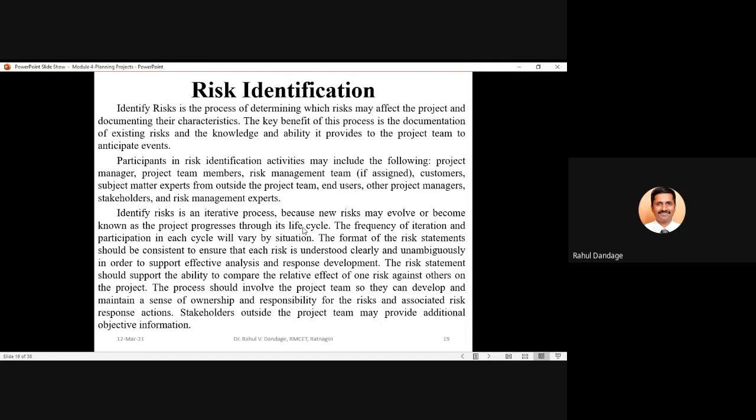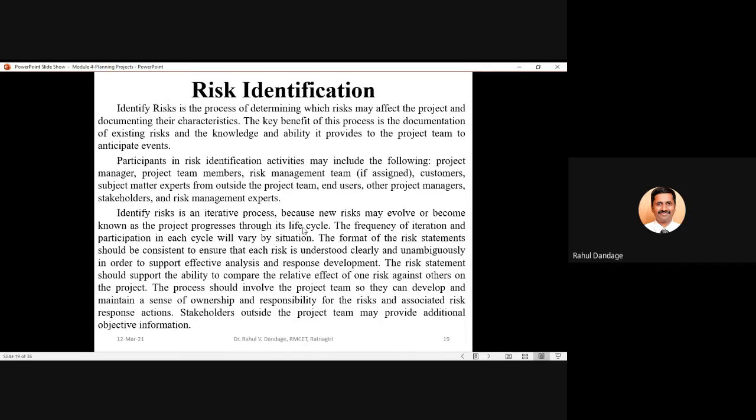A particular risk may or may not occur in the ongoing project, but whatever possible types of risks could occur or affect your project, these should all be listed down. And simply listing down the risks is not enough; we should also document the characteristics of all these risks.